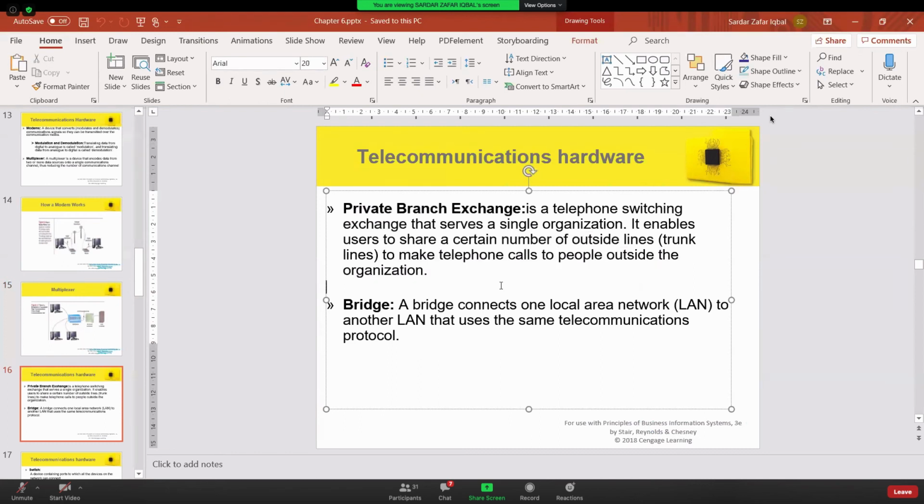For example, in the university we have telephones, right? You know this? The Cisco telephone. Have you seen it? In my office, I have a telephone and I can make a call to anyone in the university.